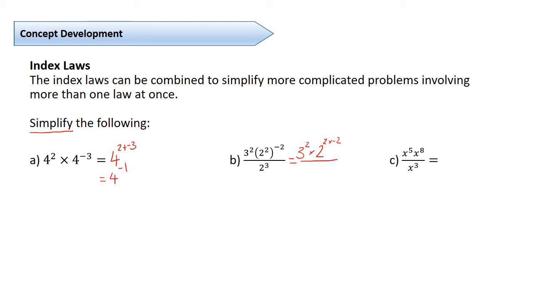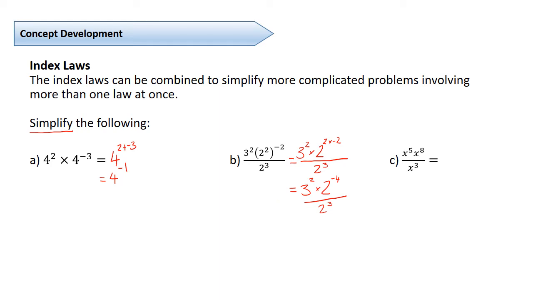I only want to do one step at a time, so I'm going to leave this here and come back to it on the next step. And I'm going to go 3 to the power of 2, times, so I'm going to evaluate these powers here. 2 times minus 2, well that's minus 4. Okay, so I should write down this one. Maybe you might skip this step in the future, and I'll show you why.